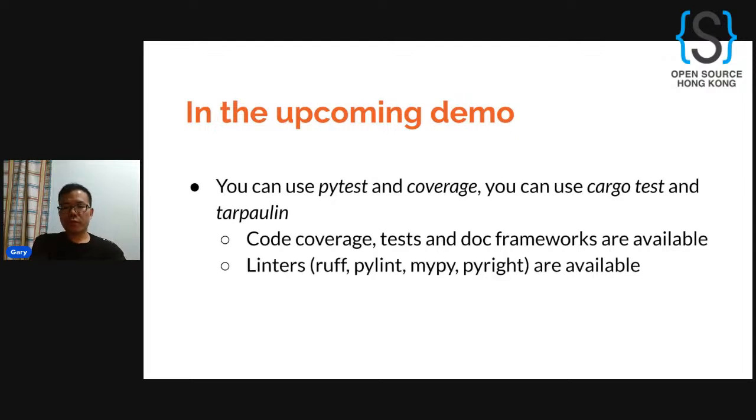The linters for Python code are all available: Ruff, Pylint, mypy, Pyright. Most of them are on the strictest possible settings except for Pyright, which is only on basic. I found that typed Python looks similar to Rust code.